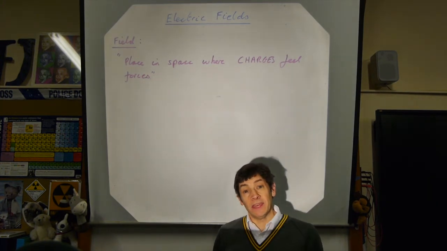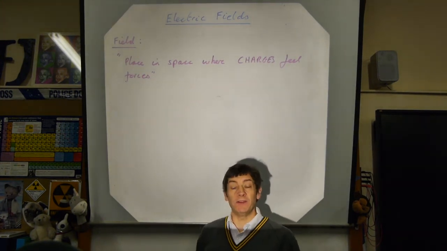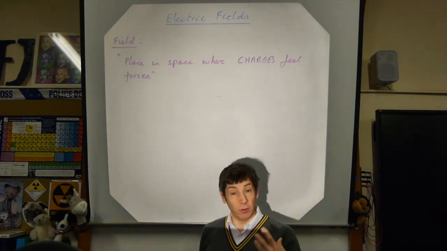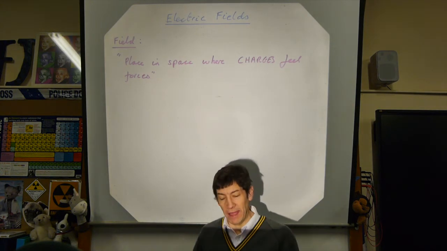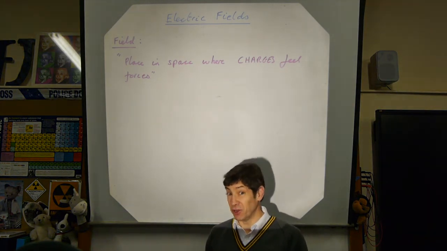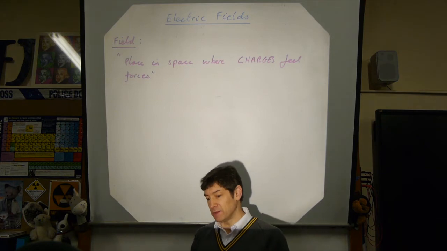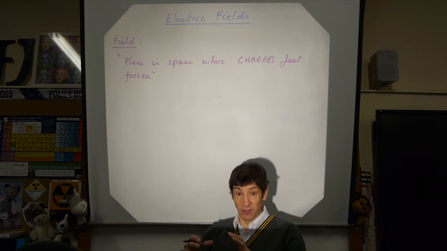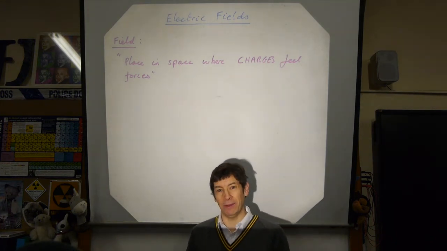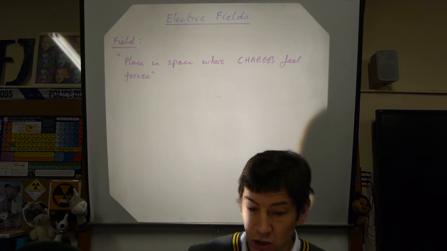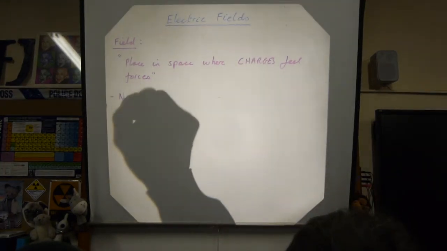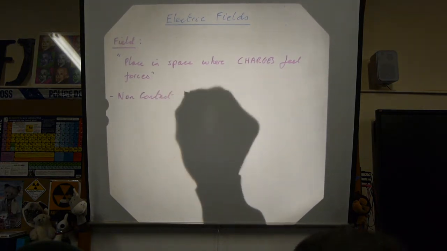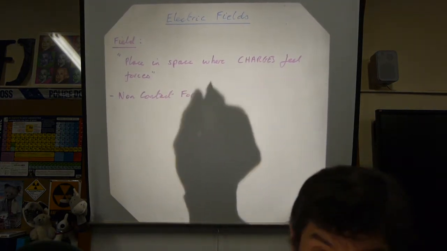Now, the reason we need the idea of a field, of course, is because when you have, for example, a positive and a negative charge, they will attract, and a positive and positive charge will repel, not unlike magnetism, and there are lots of connections there too. Between the two charged objects you can't see anything happening, because it's a non-contact force.